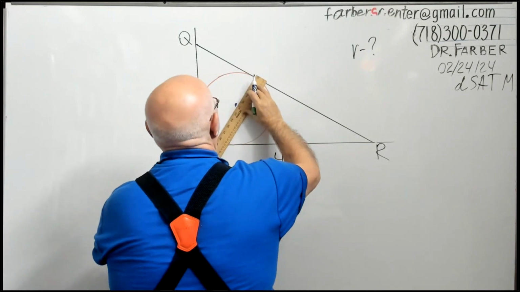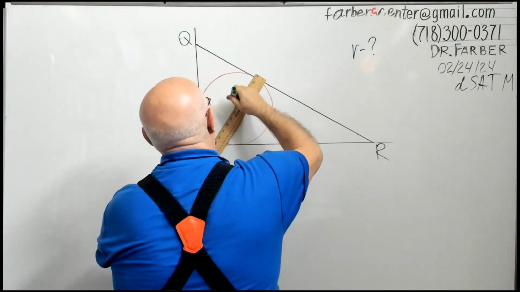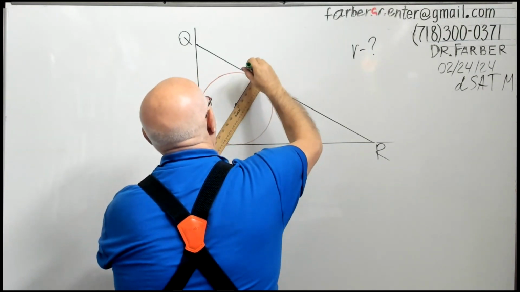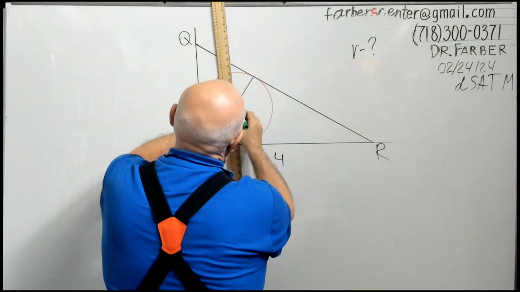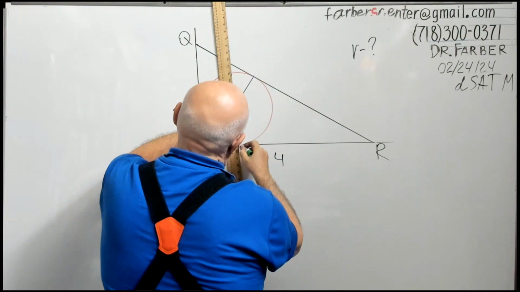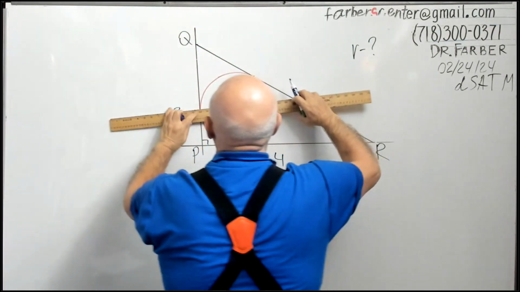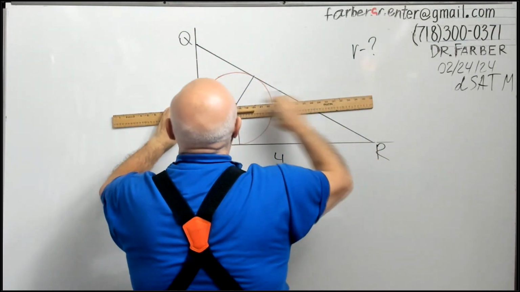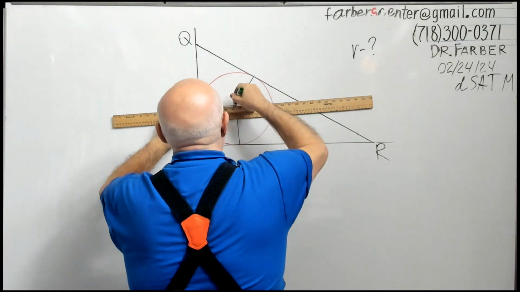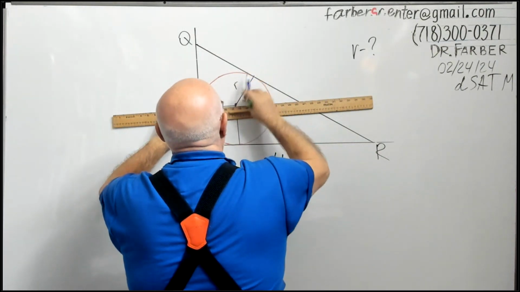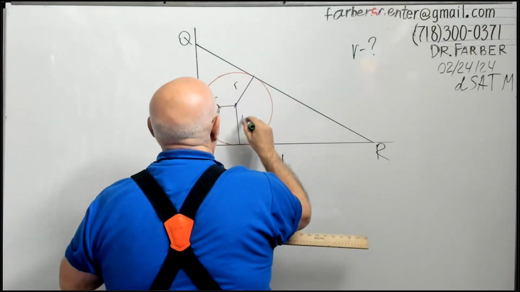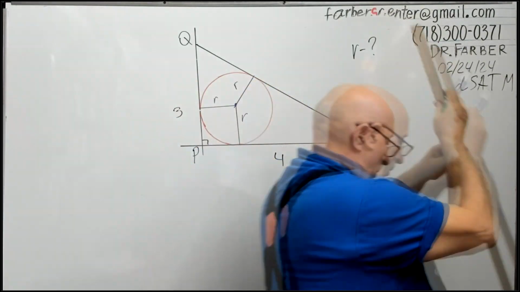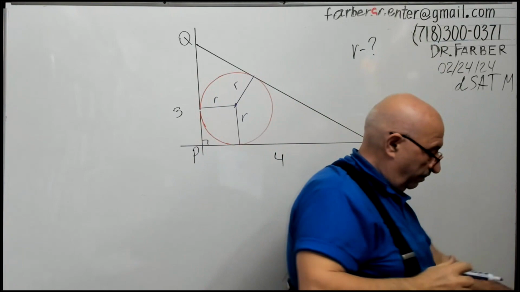And this radius, you know, tangent is always perpendicular to the radius at the point of tangency. This radius and this radius. All of them radii.